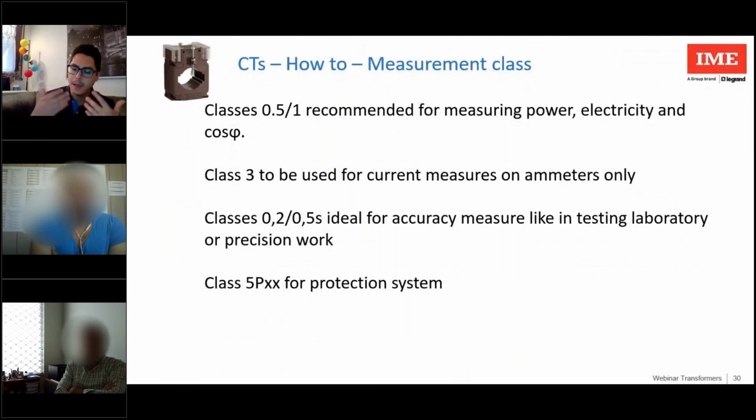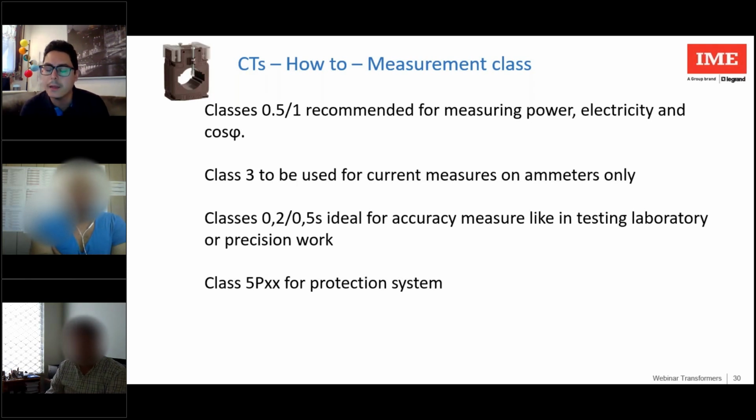So the other step is to know what type of measure I have to do. So you have to select my measurement class. If I choose a measurement class 0.5 or 1, it is recommended for measuring power, electricity, and power factor or cos phi.